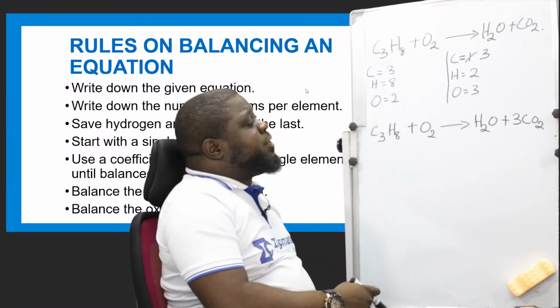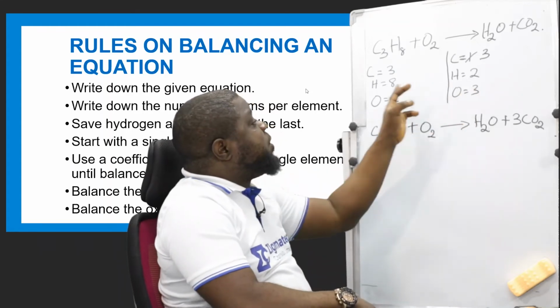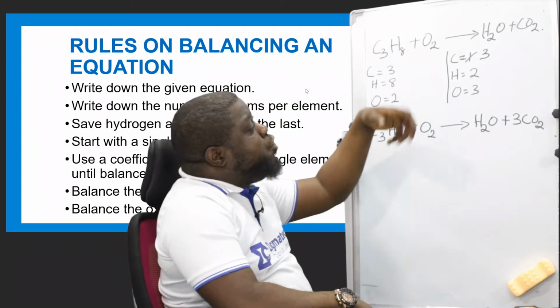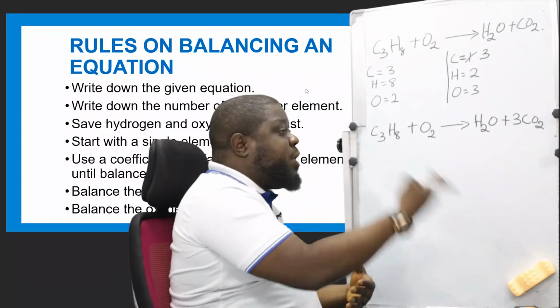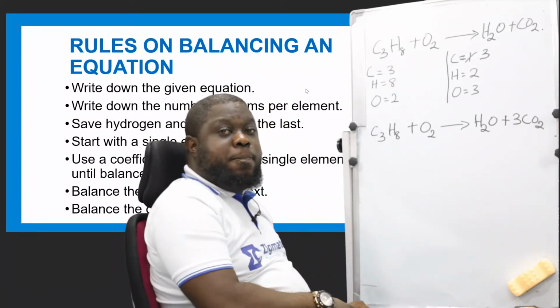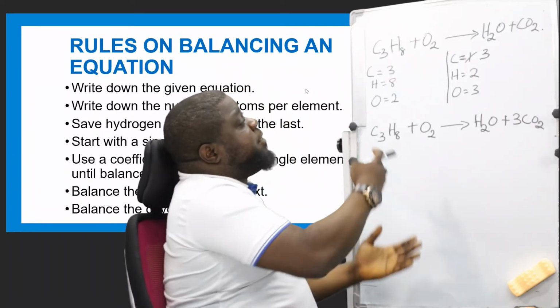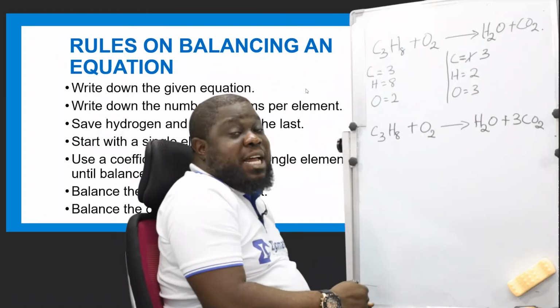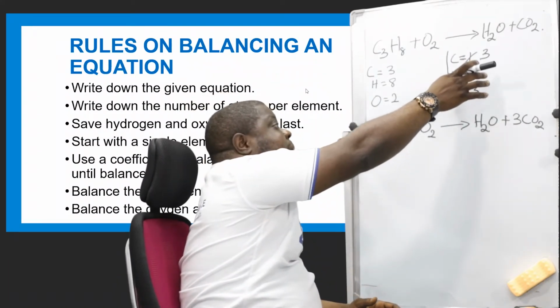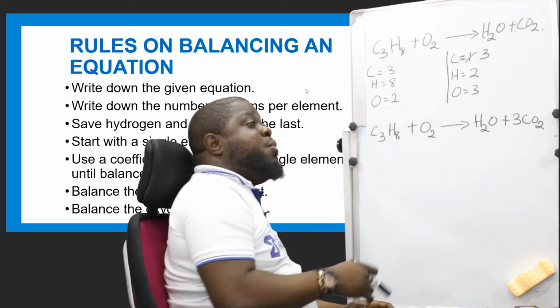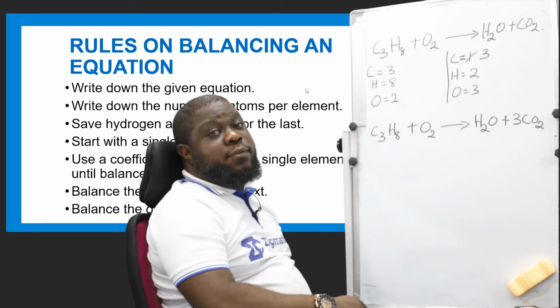I said you start with the lowest. So you're going to add a number to the lower number to make it equal to the greater number. The lower number of hydrogen is 2 on the right. So you're going to add a number to 2 that will make hydrogen the same as the hydrogen on the left.